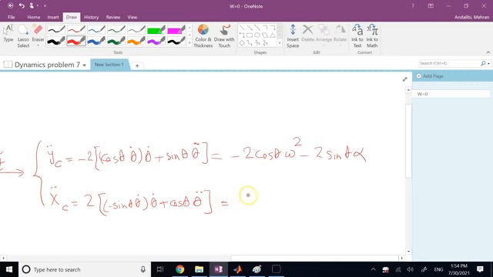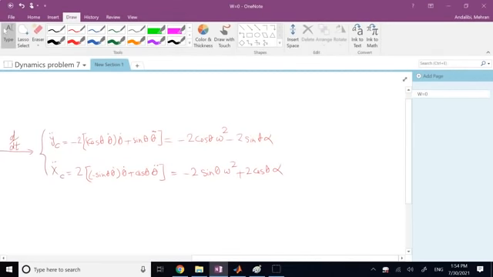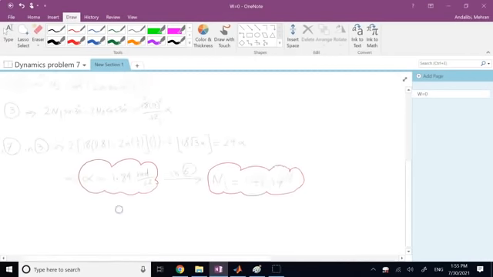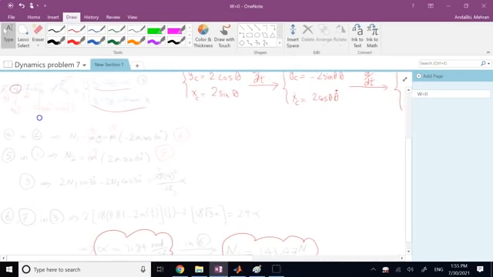And here you will get negative 2 sine theta times omega squared and positive 2 cosine theta times alpha. So these are x double dot and y double dot of c in general as a function of omega and alpha. At this moment, omega is 0, so if you take these two terms away, you see x double dot is 2 cosine theta times alpha, which I assume is this equation.